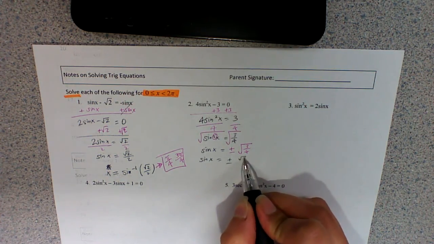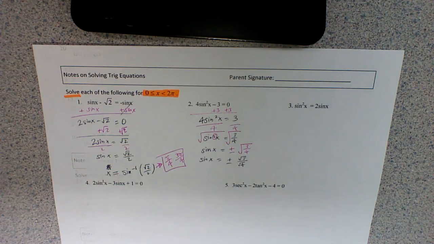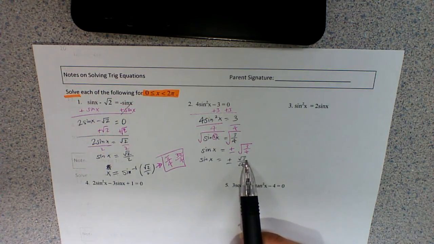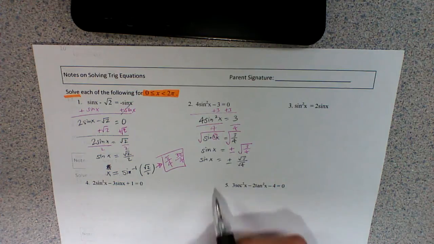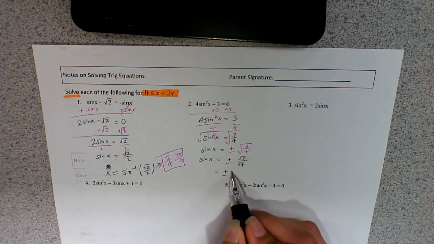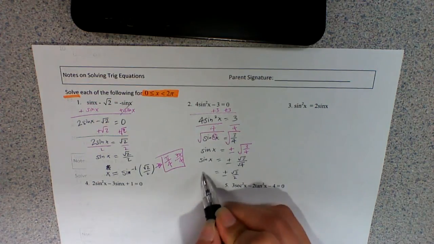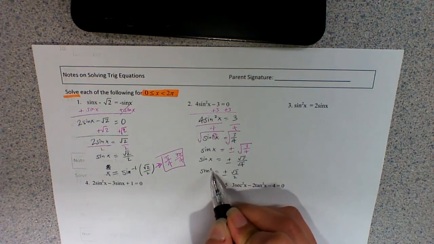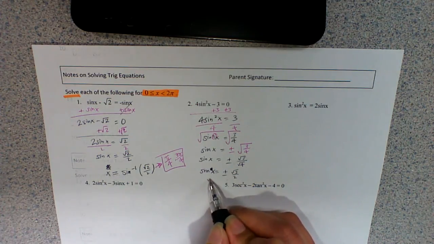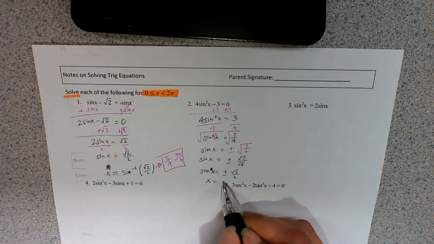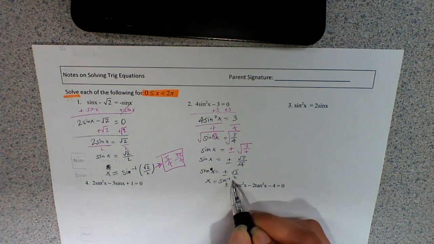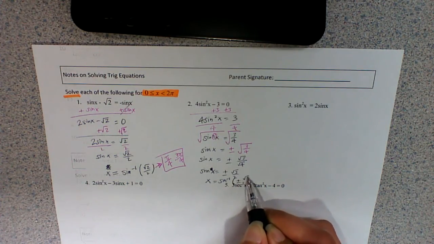So I have square root of 3 over square root of 4. Now square root of 3, we don't know what it is, but square root of 4 I know is 2. So really, we're looking for square root of 3 over 2, plus and minus. And we're looking for a sine, so, oops, sine of x now. So technically, we're looking for a sine inverse of plus and minus square root of 3 over 2.